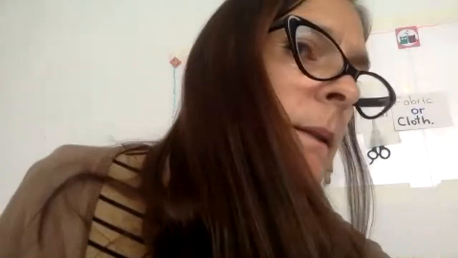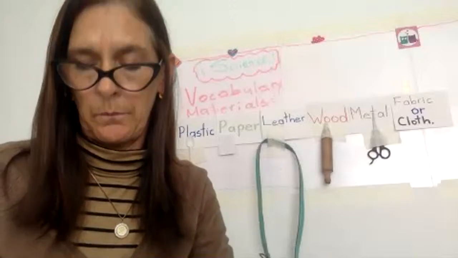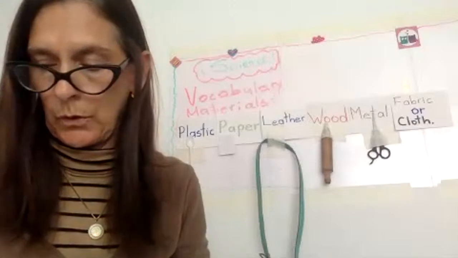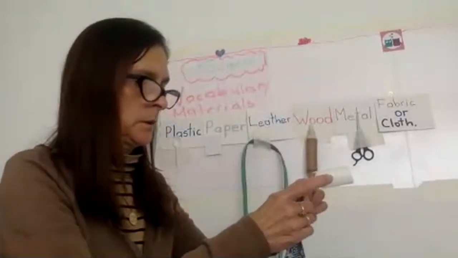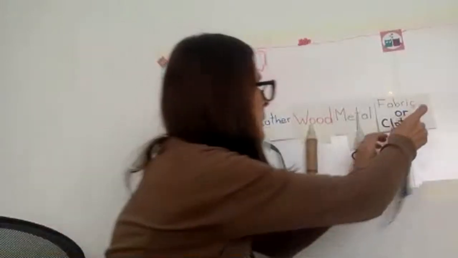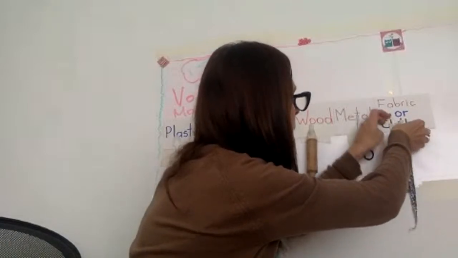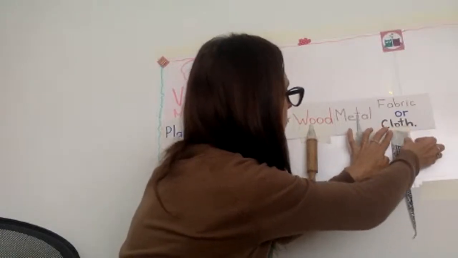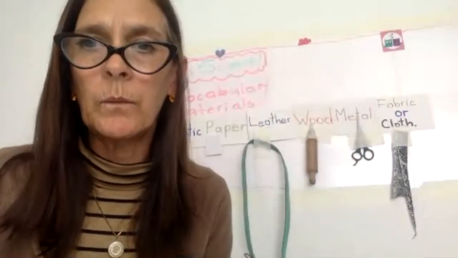I am going to paste the piece of, because that's a piece and it's white and black. I'm going to paste the little piece of the cloth. Okay, excellent. Good.